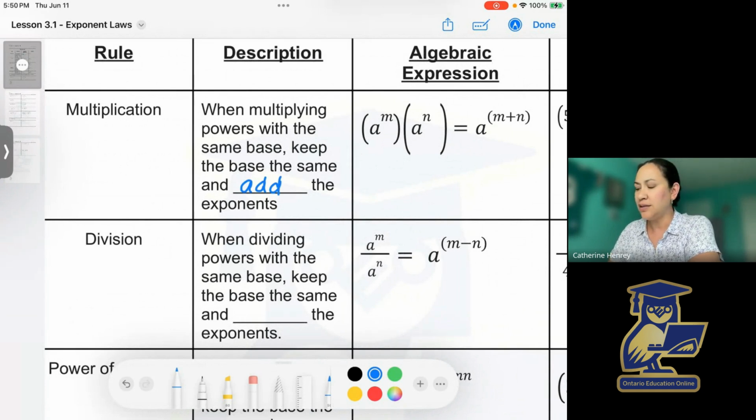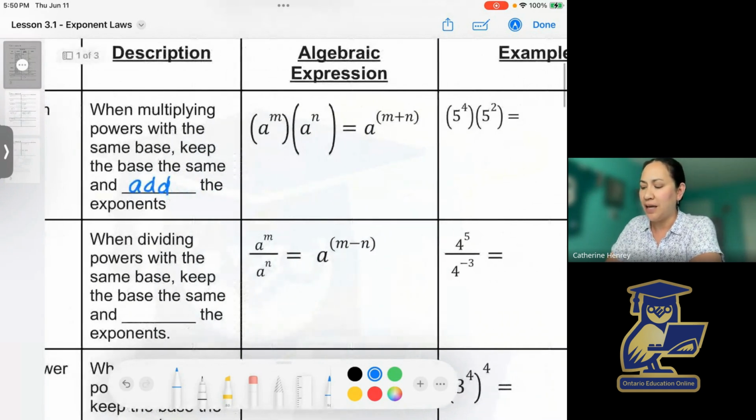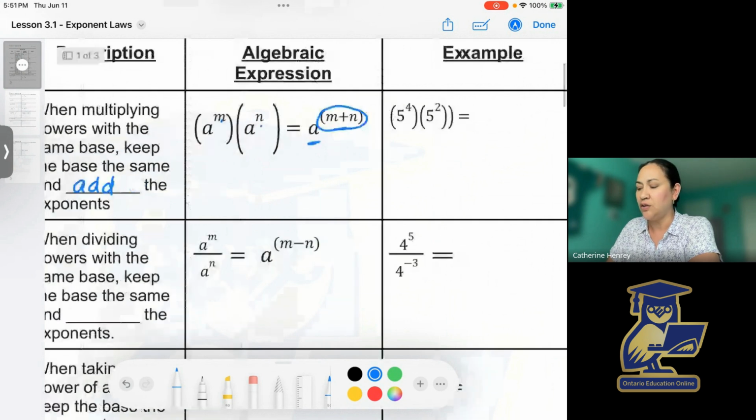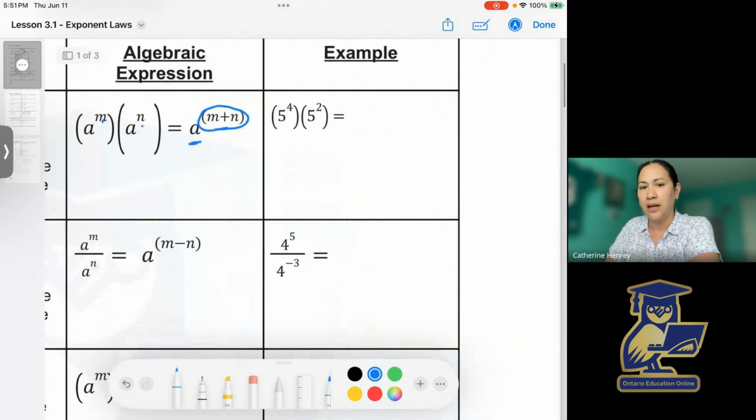So the algebraic example is if I have a to the power of m times a to the power of n, what I do is I keep the same base, a, and I add the exponents, m plus n. So if I look at a numerical example, and I have 5 raised to the power of 4 times 5 raised to the power of 2, again, I keep the same base, which is 5, and I add the exponents.